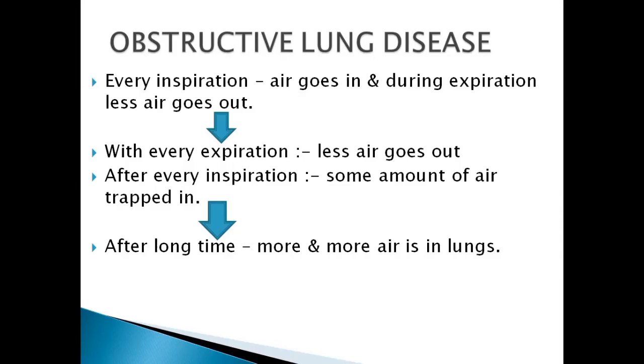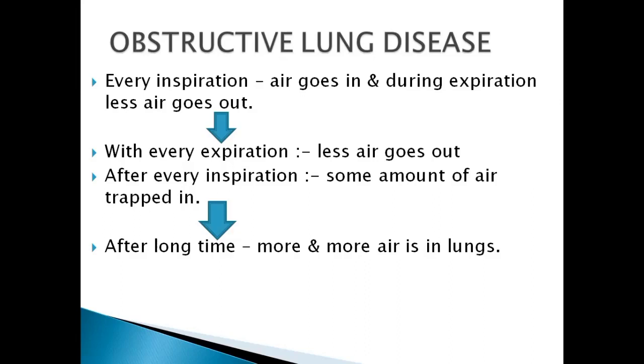After every inspiration, some amount of air is getting trapped inside because of the obstruction. There is not enough space. And when this situation continues for a long period of time, more and more air is present in the lungs.